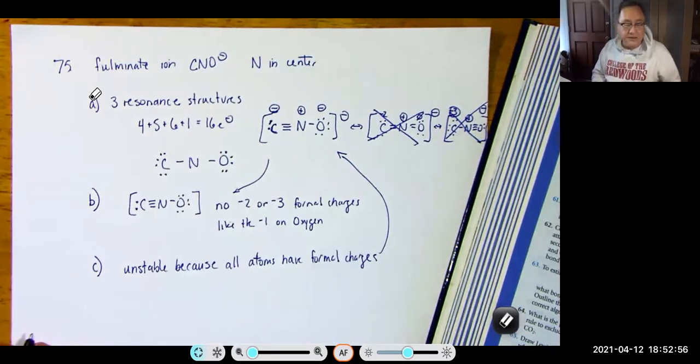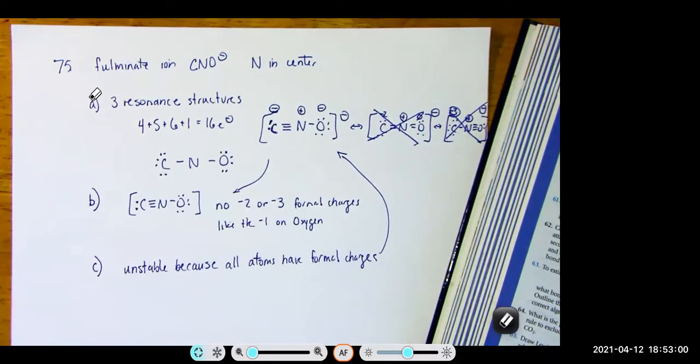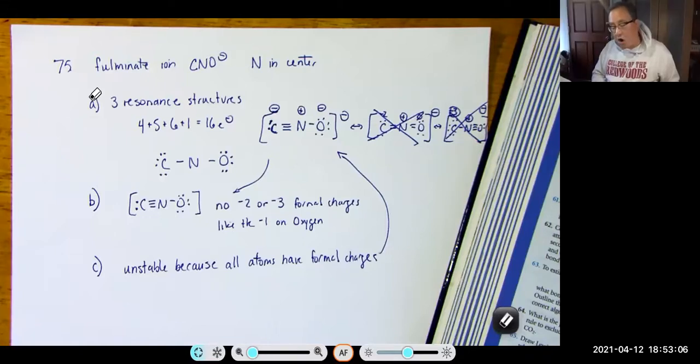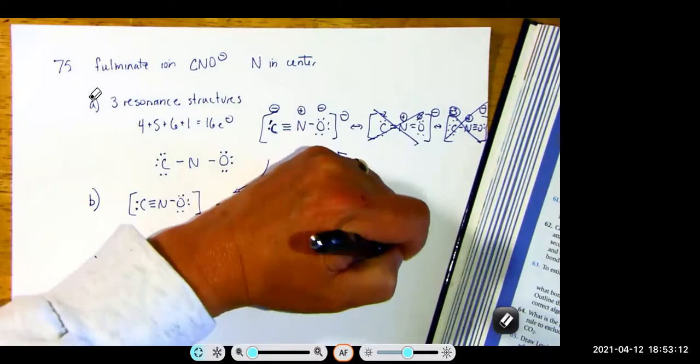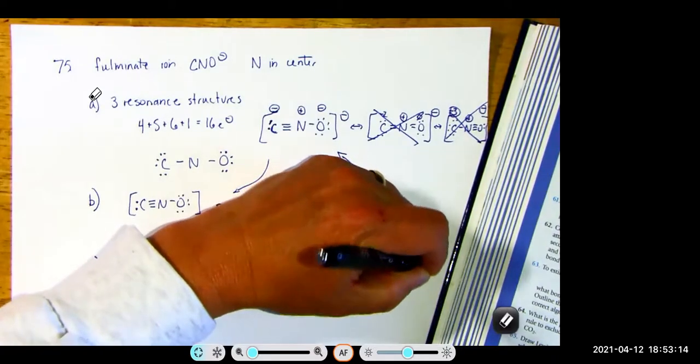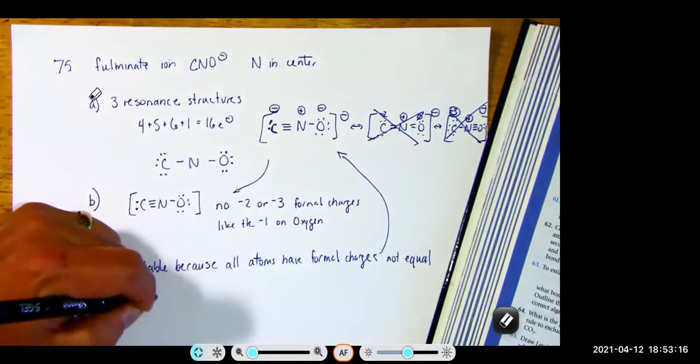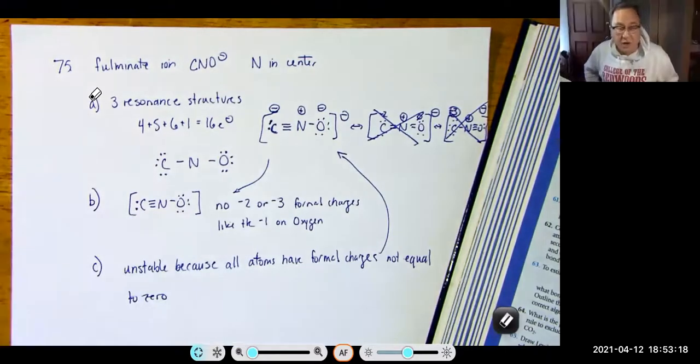Because what is the most stable structure? Something that has a full valence of 8. Nope, I say all of them have no formal charge, 0. Oh, okay, that's what you mean. Yeah, so the most stable is when the formal charges are what they should be, when they're all 0.